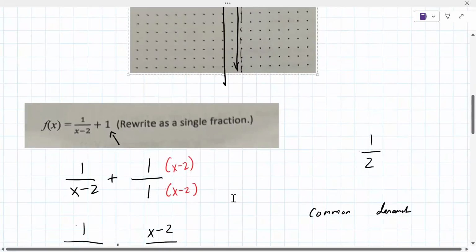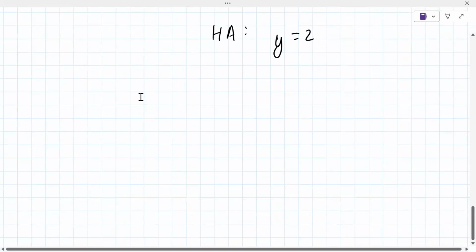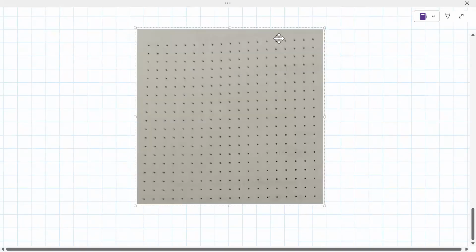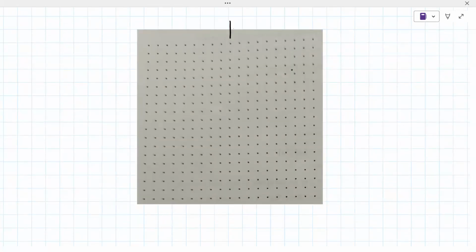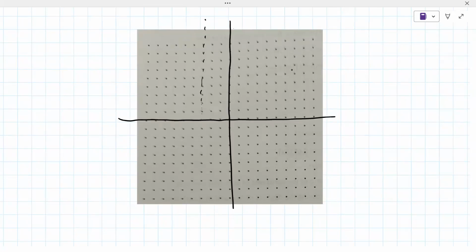All right, so I'm just going to grab this one. So I've got the grid here. Okay, so you've got x equals -3. So I'm going to just draw the xy here, and then x equals -3 there.